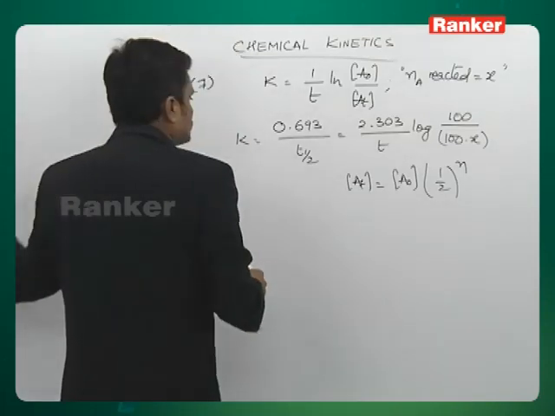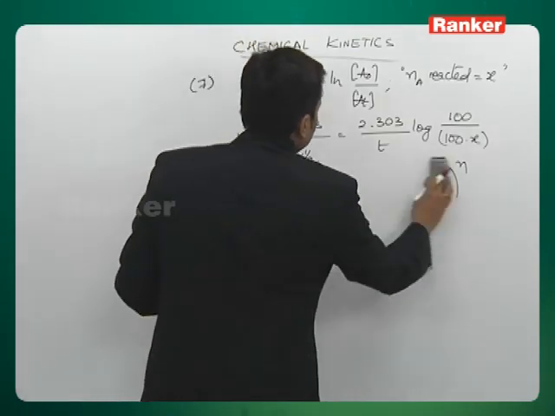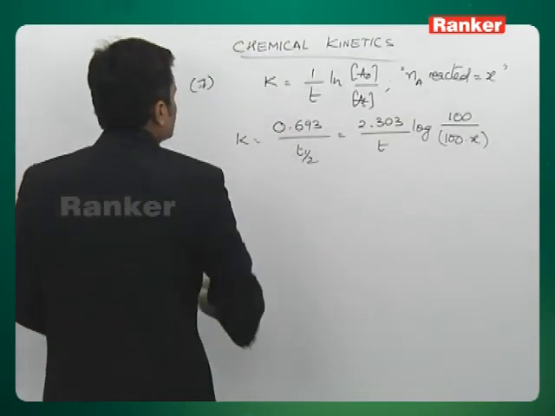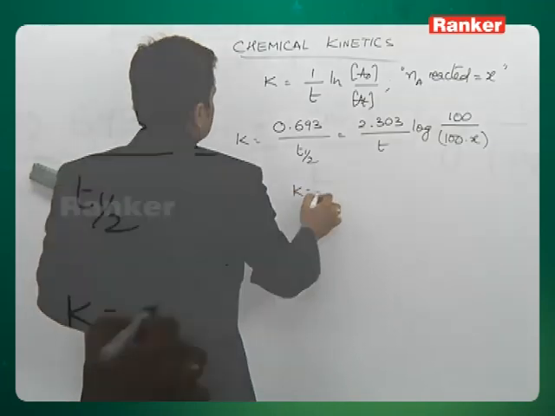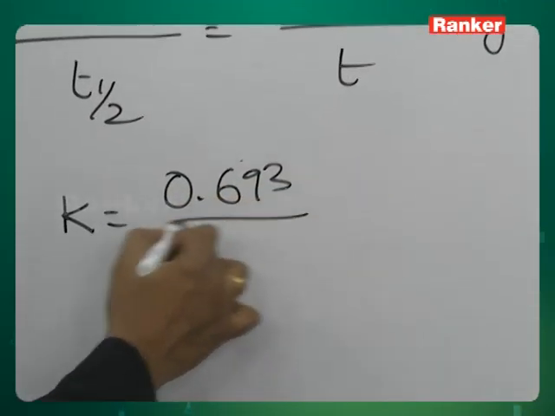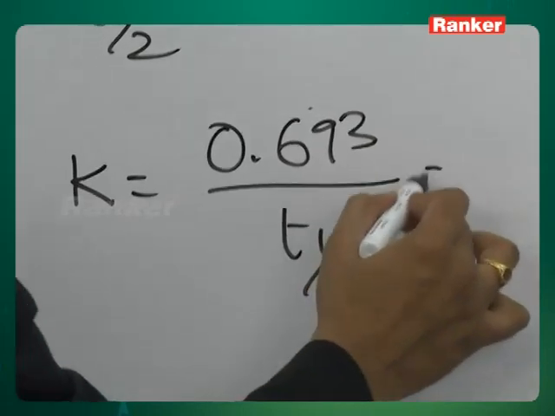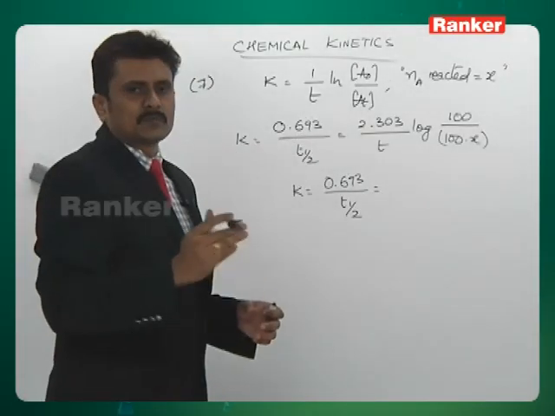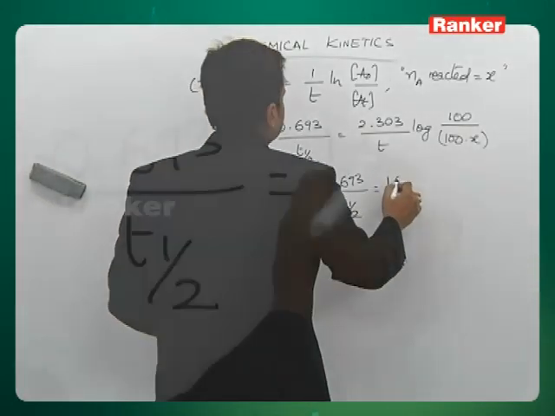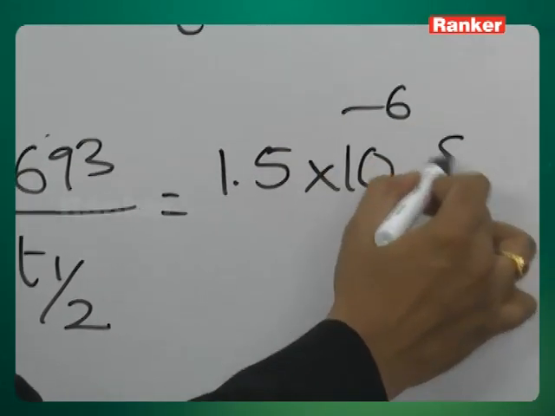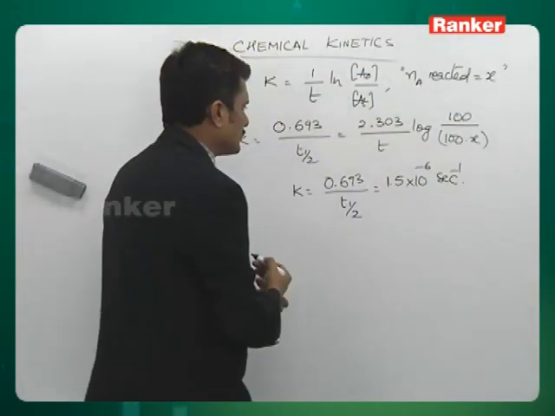When I use this expression, you know that K, which is equal to 0.693 by T half, is equal to 1.5 into 10 to the power minus 6 second inverse. This is given to us.